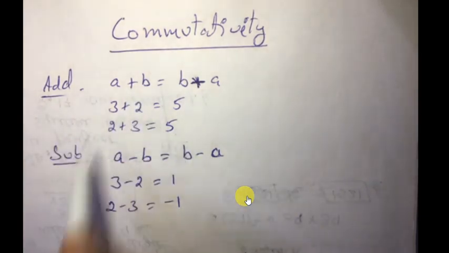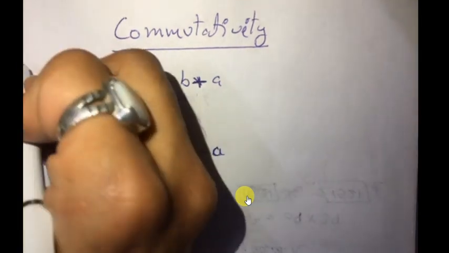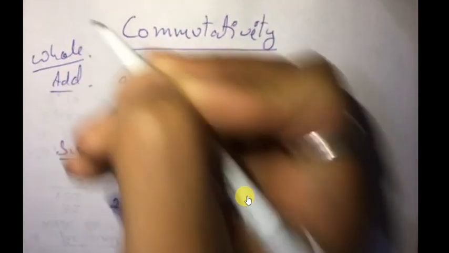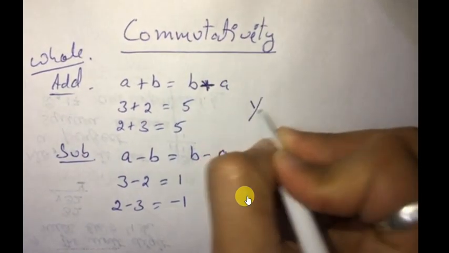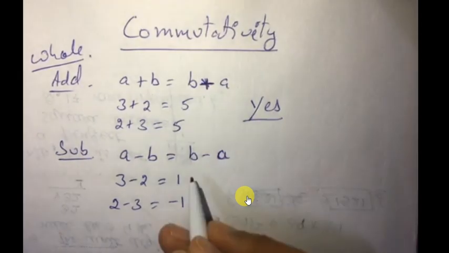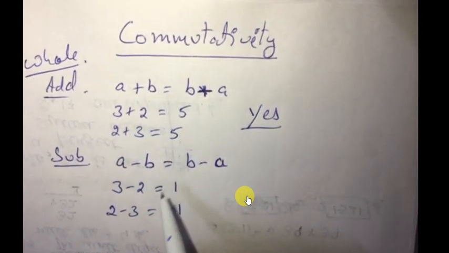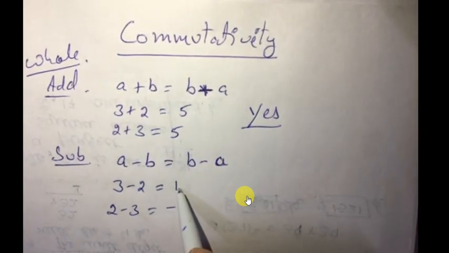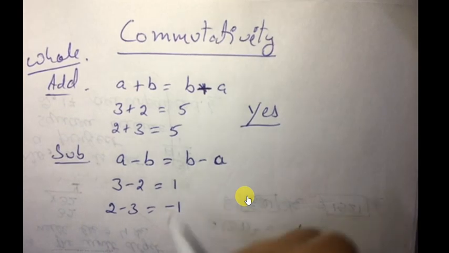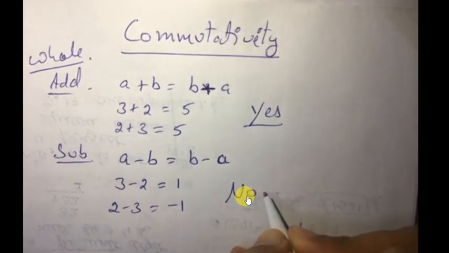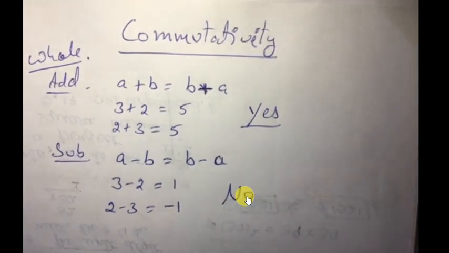These are whole numbers. So in whole numbers, commutativity for addition works. Yes, it works. But over here it does not work, because the result is 1, and when we interchange them, the result is minus 1. So the result is not the same. So we can write no, this does not work in whole numbers.